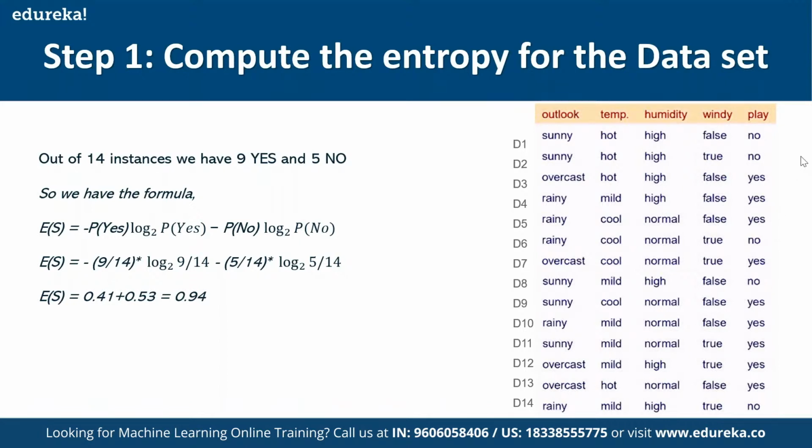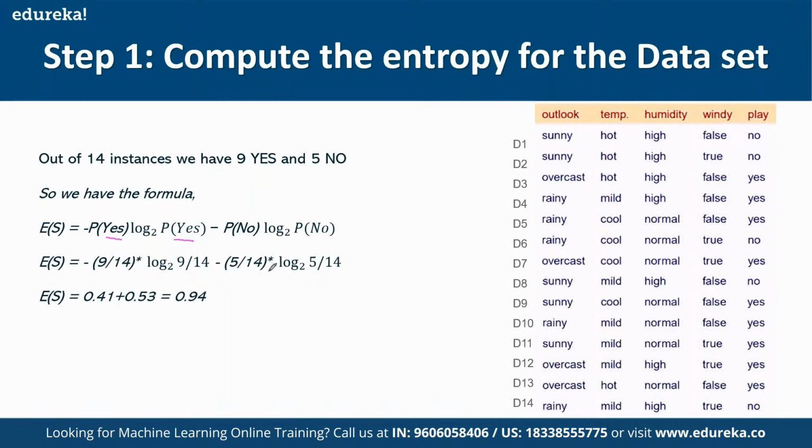First of all, I have to find the total entropy. It is determined by the probability that I will play the match, multiplied by log base 2 of the probability that I will play the match. What are the chances that I will play the match? 9 out of 14. This is 9 out of 14, multiplied with log base 2 of 9 out of 14. Subtract this with the probability that I will not play the match.